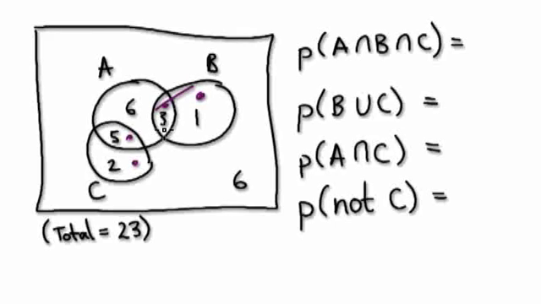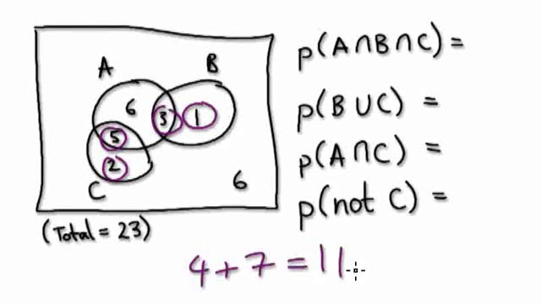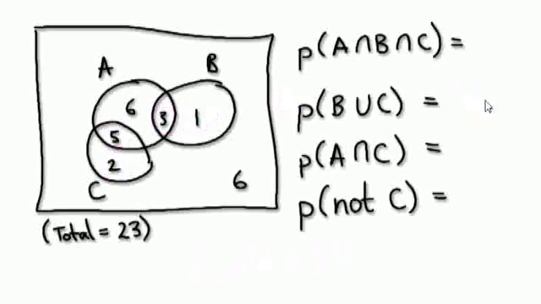So you've got to add these together. B or C would be this plus this, that's 4, and then this plus this, that's 7. So that would be 11. So to answer this question, it would be 11 over 23.